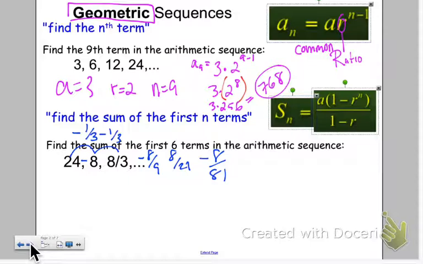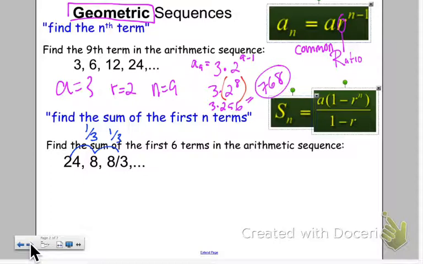Then the sums might cancel each other out and be a smaller number. I just wanted to put that for completeness, so when you have a negative ratio on your test, it's not like I didn't show you how to do it a couple times.